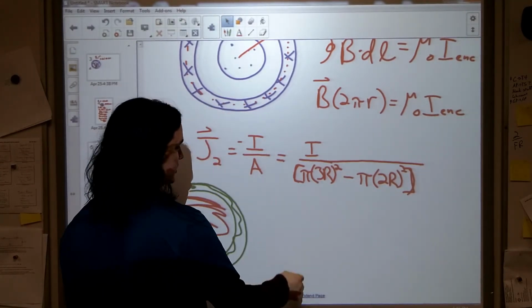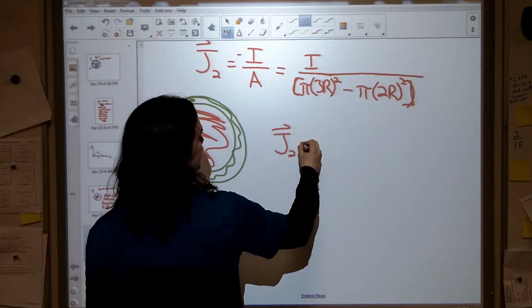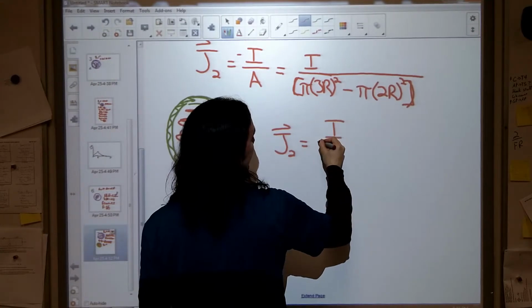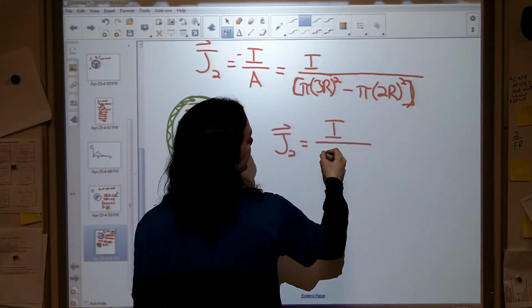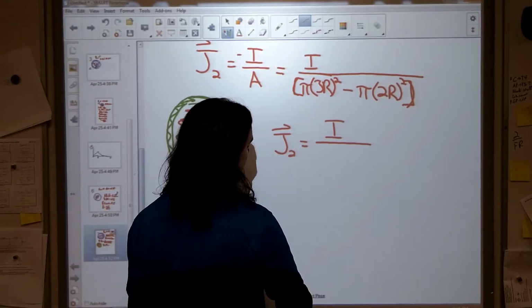So, like I said, this is going to get a little unpleasant because our current density in the second wire, the ring wire, is going to be equal to negative, technically, I divided by the quantity of, I'm going to expand this just a little bit to clean it up some.